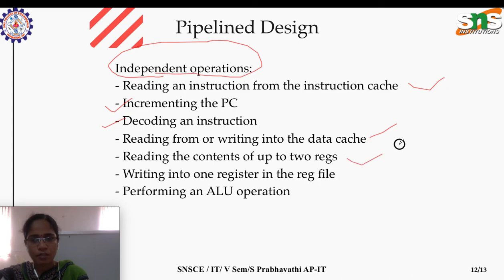And due to this 3-bus organization, we can pick up the two inputs for the ALU simultaneously from two registers using bus A and B, and the result could be placed using another register, and the operation of the ALU is independent. So why do we need these independent operations? Only then could the pipelining concept be implemented in this hardware organization.